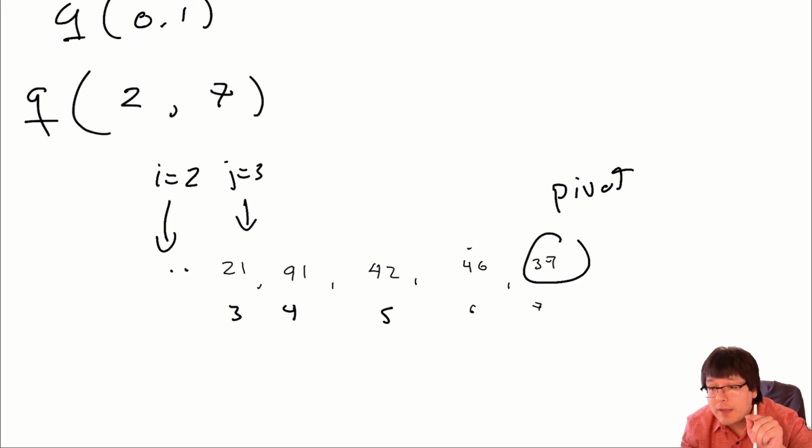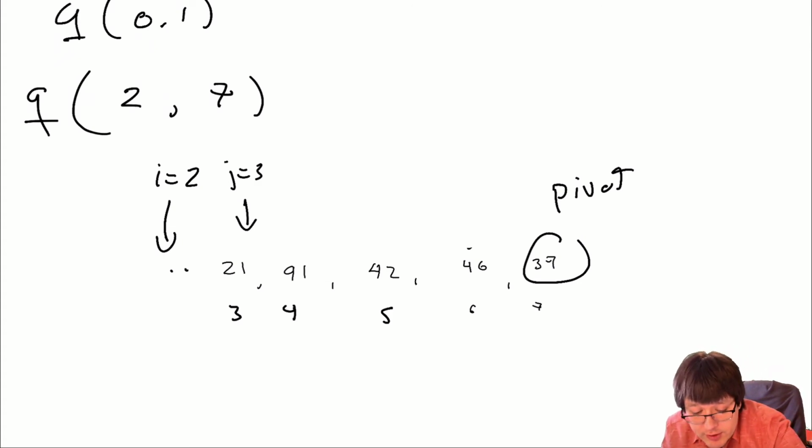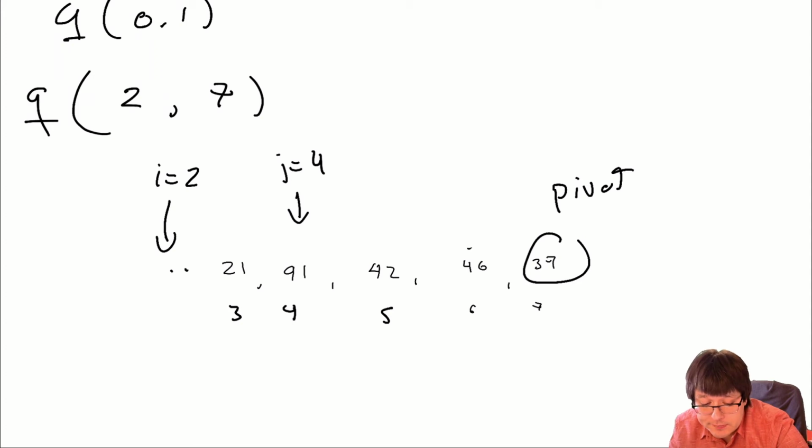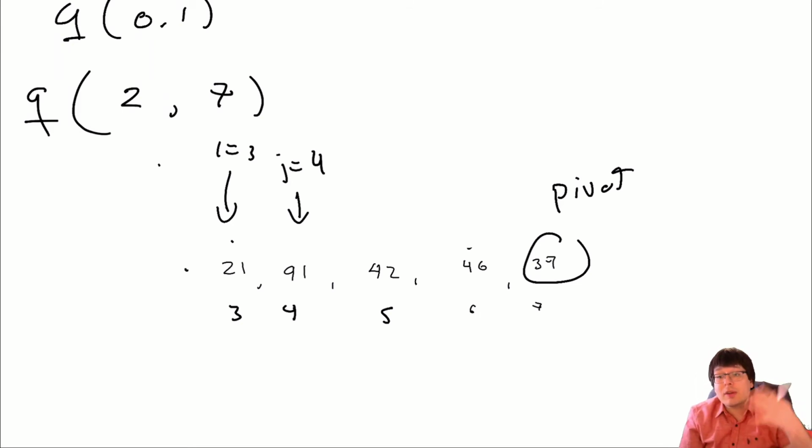So you got to swap that number with i plus 1, which is 3. So you're swapping 21 with itself. When you finish that swap, j goes up by 1, and i goes up by 1. Okay? So that is why I changed it to 3 after that. Okay? Because there's one swap that happened. It's just 21 swap with itself.